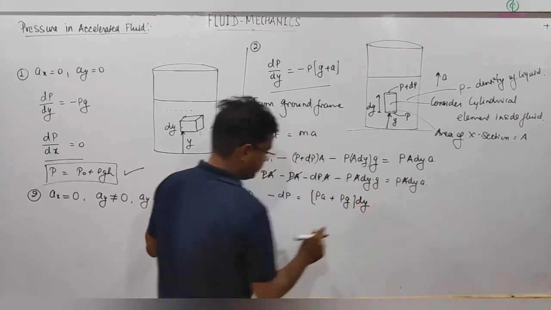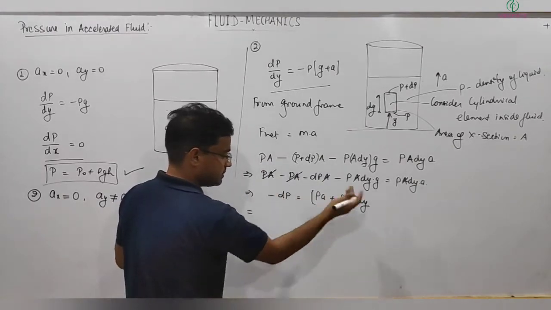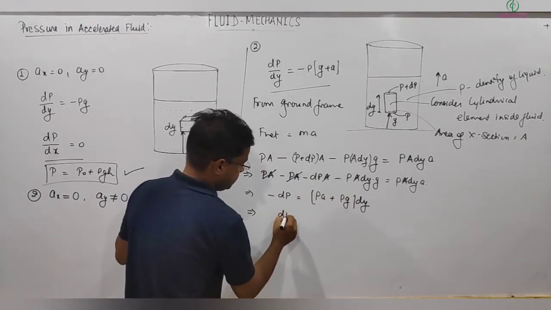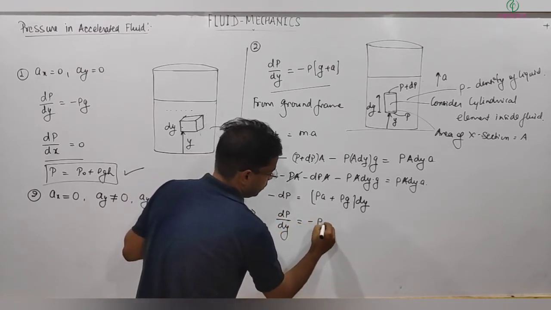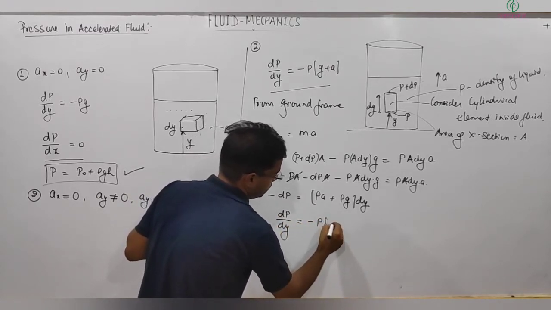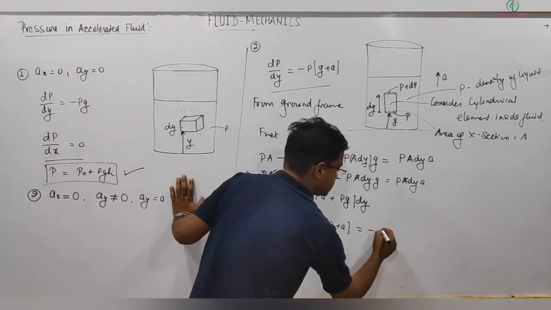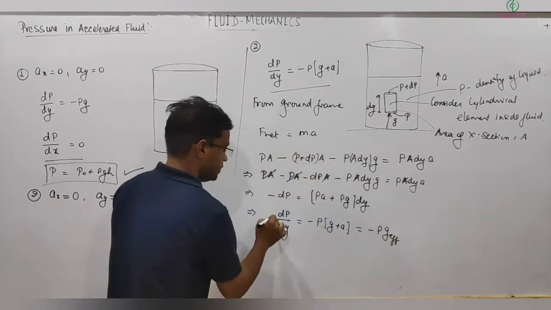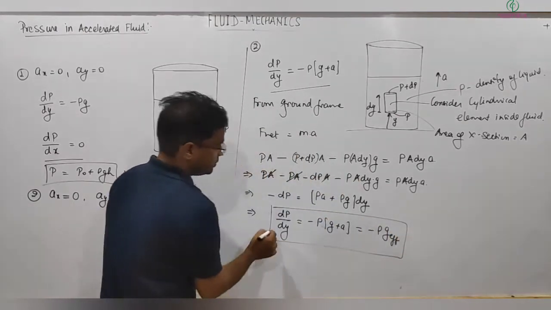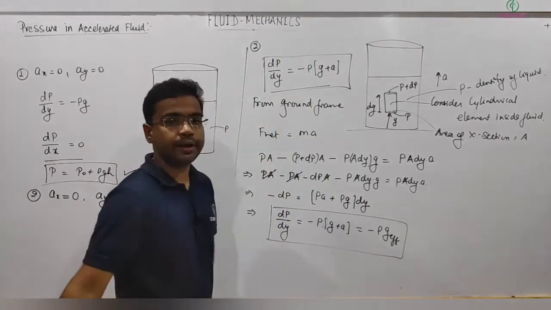Dividing by dy, taking rho out and sending the negative sign that side, we are getting dP by dy equal to minus rho into (g plus a), and this you can write as minus of rho multiplied by g effective. That's exactly it. So the result is this, which is simple, straightforward, right?